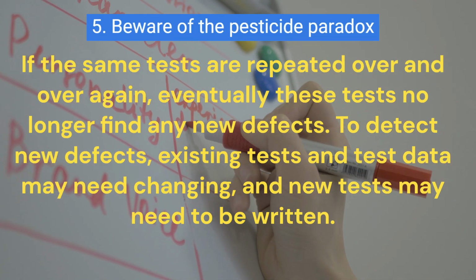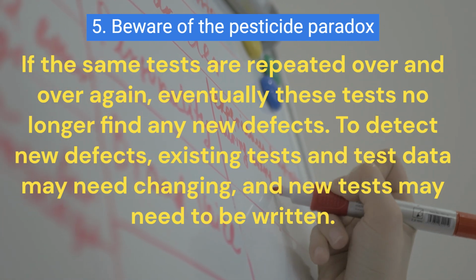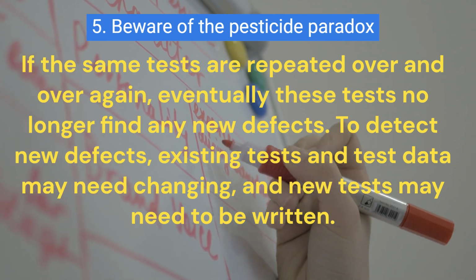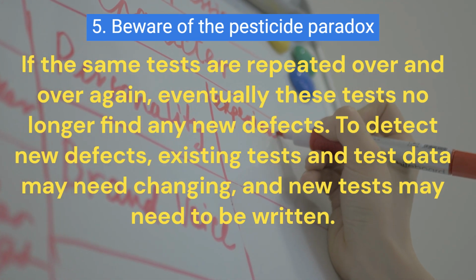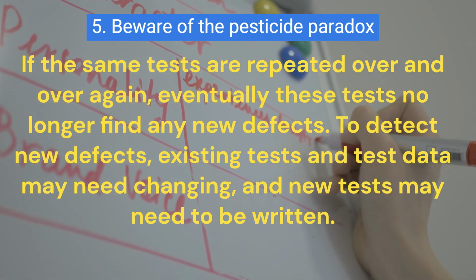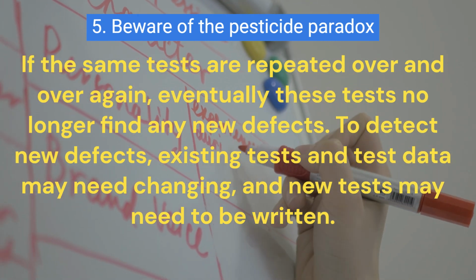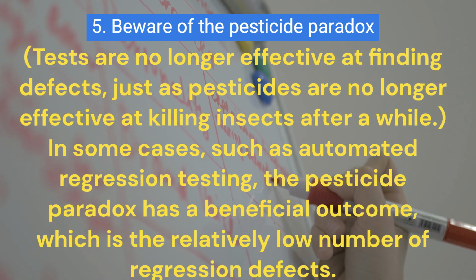Number 5 is beware of the pesticide paradox. If the same tests are repeated over and over again, eventually these tests no longer find any new defects. To detect new defects, existing tests and test data may need changing, and new tests may need to be written.